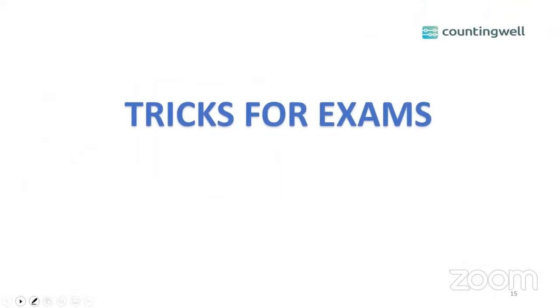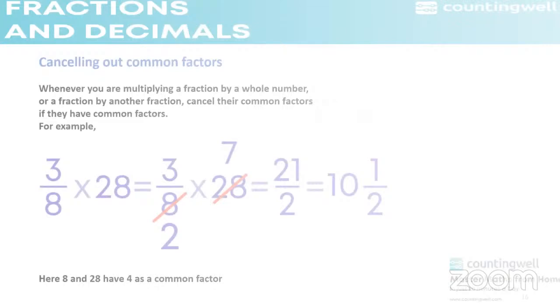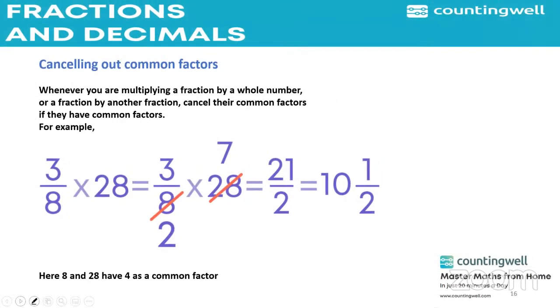Next, let us see some tricks for the exams for these two chapters. Whenever you are multiplying a fraction by a whole number, you have to cancel their common factors if they have any. So you have to find the common factors of 8 and 28 and divide these two numbers by that common factor.